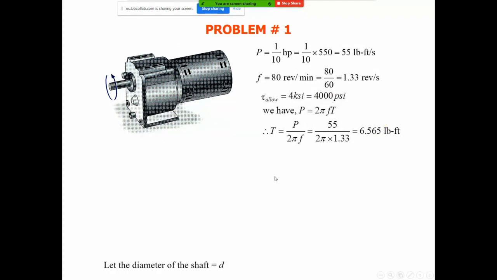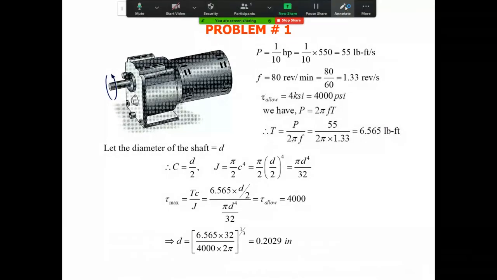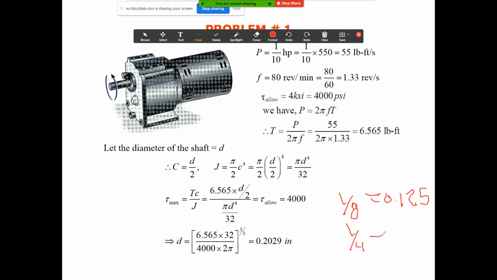Okay? Once you get a D, you should round it. He said round it to the nearest 1 over 8. 1 over 8 is nothing but 0.125. If you want to get the another round, you have to multiply it by 2, so that it will be 1 over 4, so it will be 0.25.